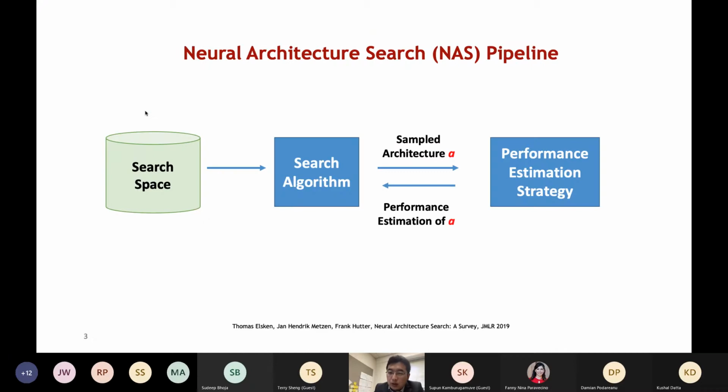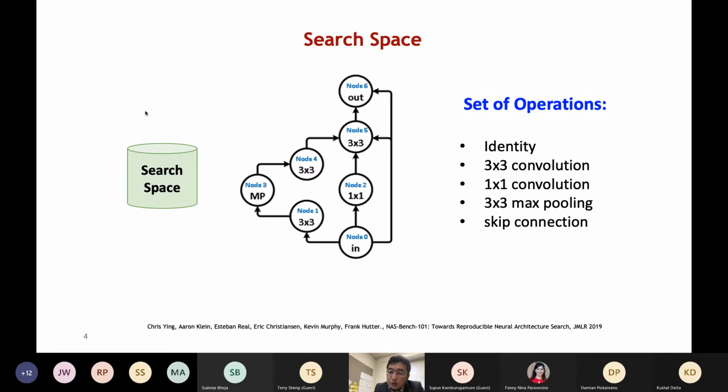In general, a NAS pipeline consists of three key components: the search space, the search algorithm, and a performance estimation strategy. The search space usually contains all the possible neural architectures to be searched. Specifically, it defines a set of operations, for example, identity, convolutions, or pooling operations, and how these operations can be connected to form valid neural architectures.